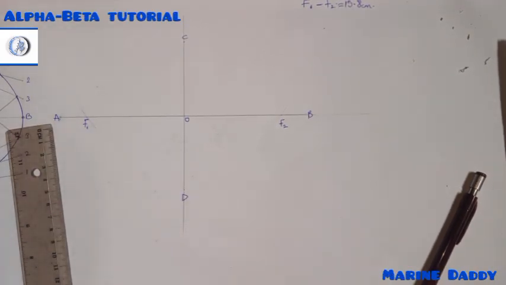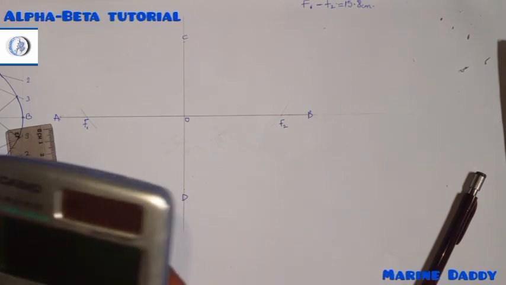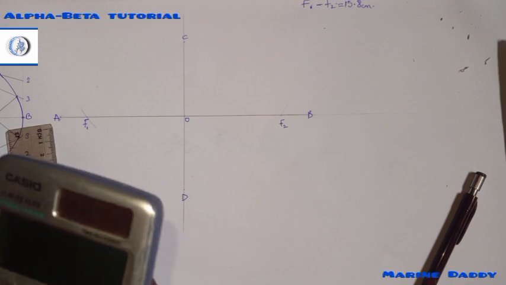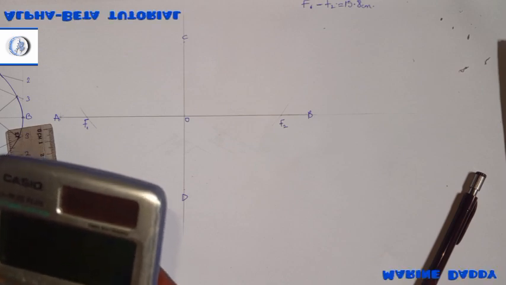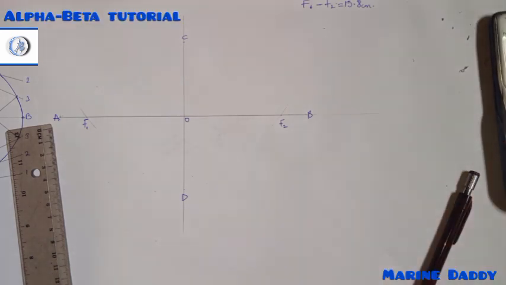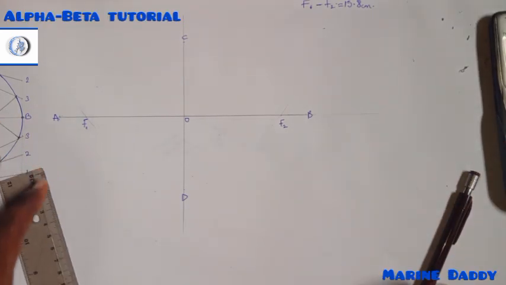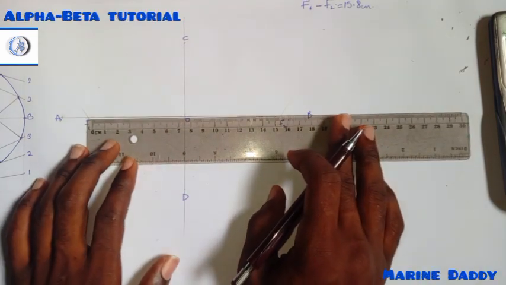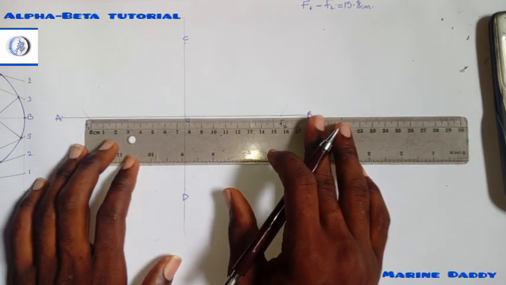Okay, so we are dividing 15.8 divided by 8. So it gives me 1.97. So this is what I will do. I will divide it into 2. That's 4 to the right, 4 to the left, right?